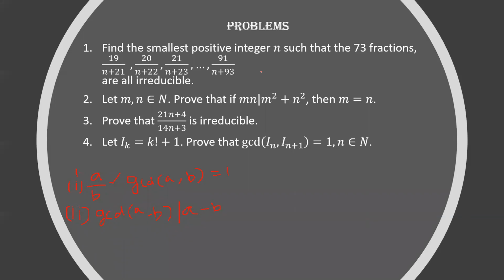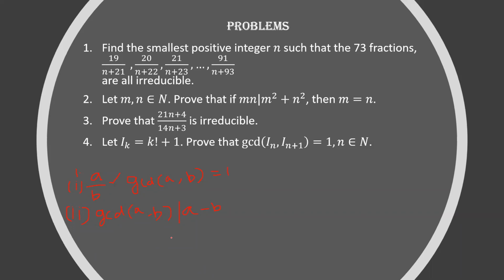Yes, exactly. So what she's telling is, let GCD of A comma B equal M. Last time we made a configuration, like AX plus BY equal to D. We saw that if GCD of A comma B is equal to D, then D divides A and D divides B. So A equals D times some number and B equals D times some number.